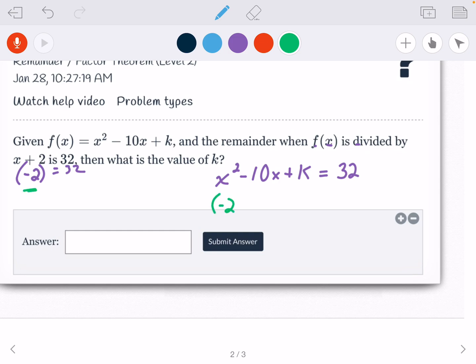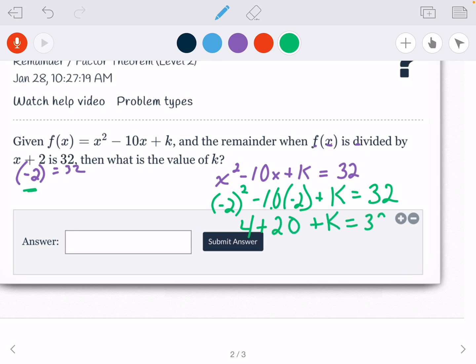So negative 2 squared minus 10 times negative 2 plus k equals 32. Negative 2 squared is a positive 4. A negative 10 times a negative 2 is a positive 20, plus k equals 32. Combine your like terms. 24 plus k equals 32.